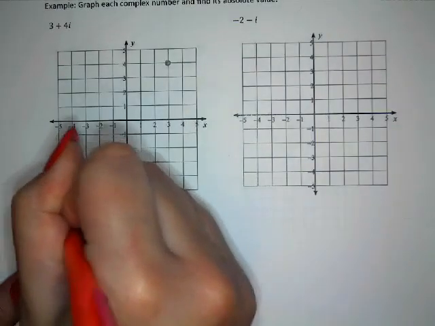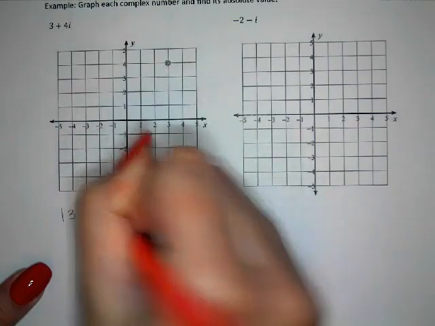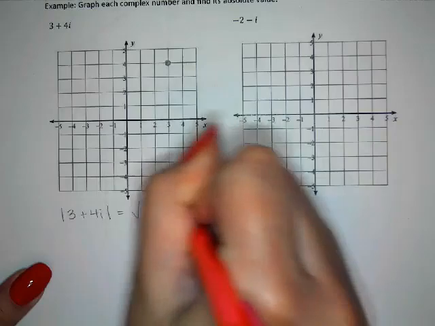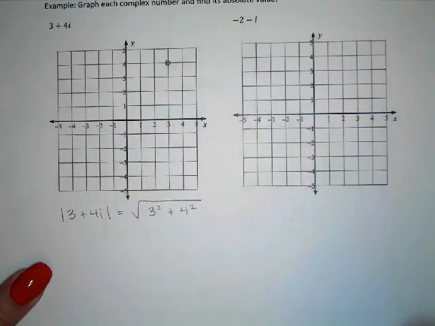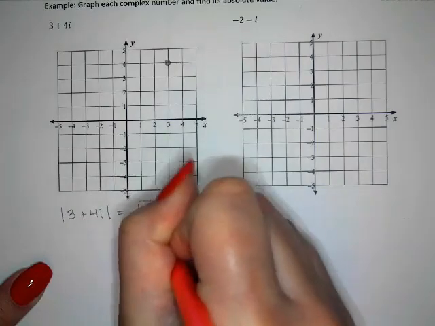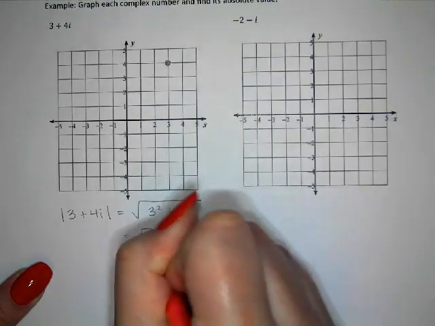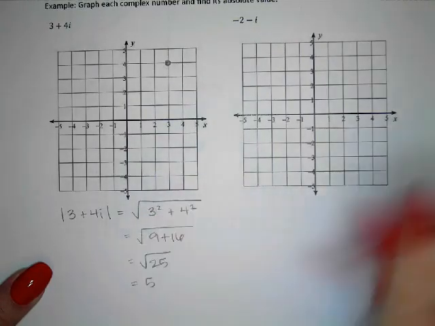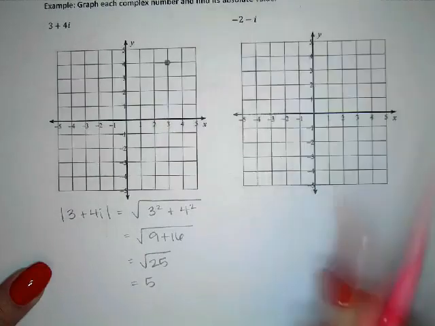So the absolute value of 3 plus 4i is the square root of 3 squared plus 4 squared, which is the square root of 9 plus 16. That's the square root of 25, which is 5. So this is a distance of 5 away from the origin.